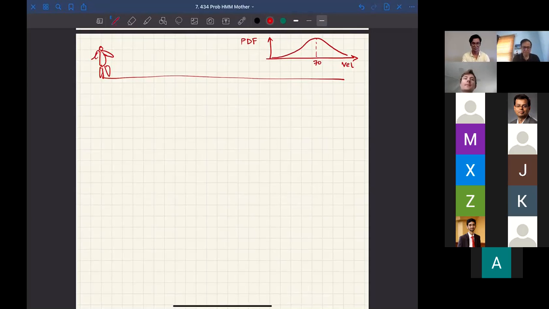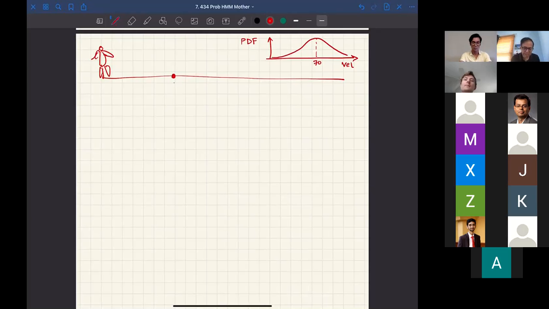Now in continuous space, what I'm going to do, okay, actually let me pull back and let me say this. The core idea with particle filter is that I am going to model my belief with a particle. What does that mean? It means if I put a particle here, you can think of particle as probability mass, but let's call it particle right now.